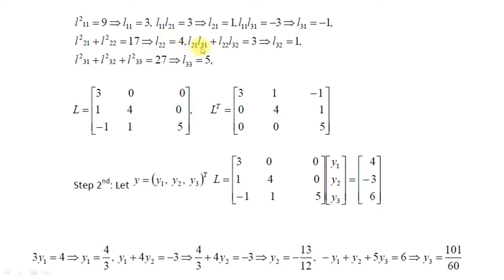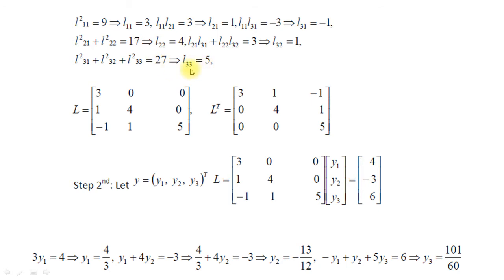Similarly, L21 L31 plus L22 L32 is equal to 3, and putting the values of L21, L31 and L22, we obtain L32 is equal to 1, and L31 square plus L32 square plus L33 square is equal to 27. Now putting the values of L31 and L32, we obtain L33 square is equal to 25, and taking the square root, L33 is equal to 5.